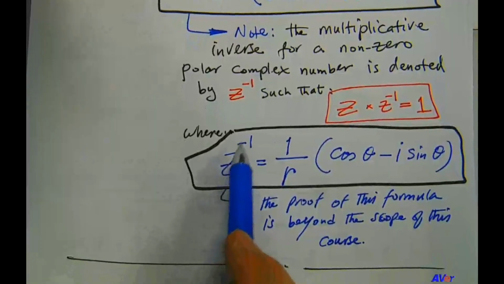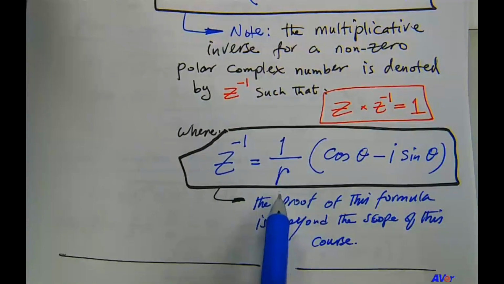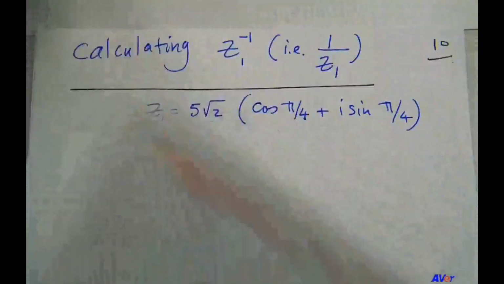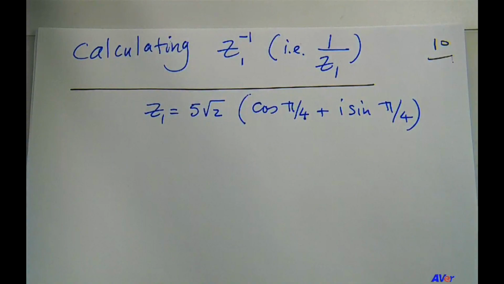So the inverse of a polar complex form is 1 over the modulus times cosine theta minus i sine theta. So let's do that.